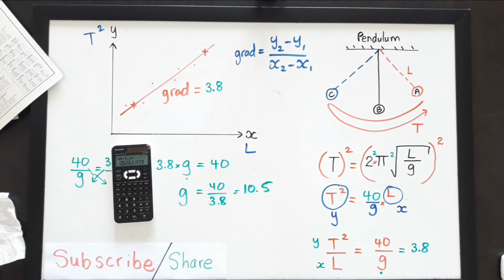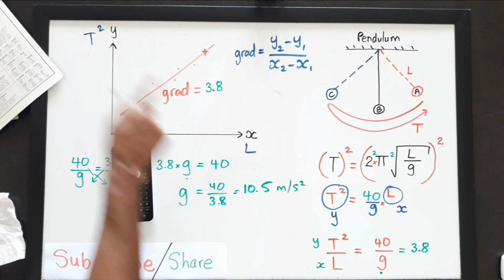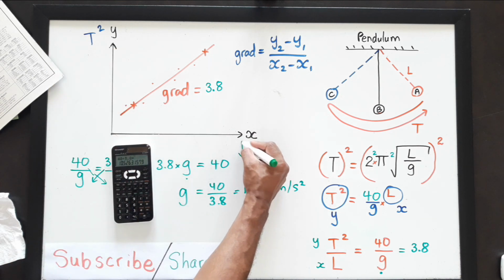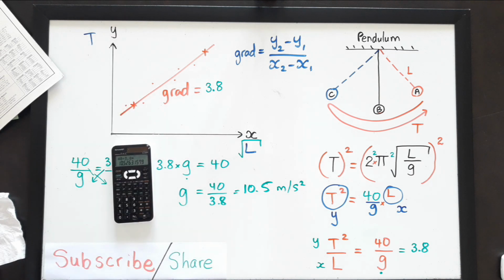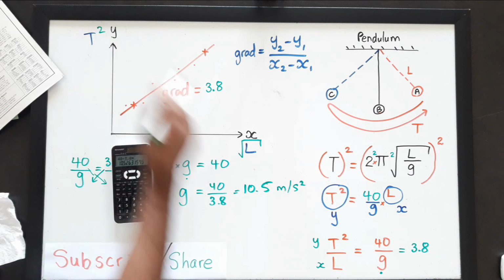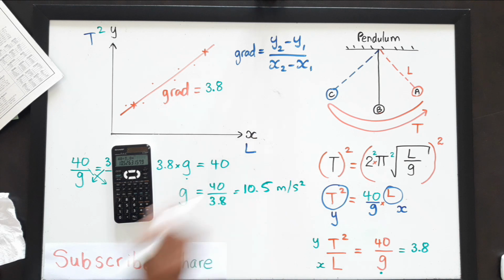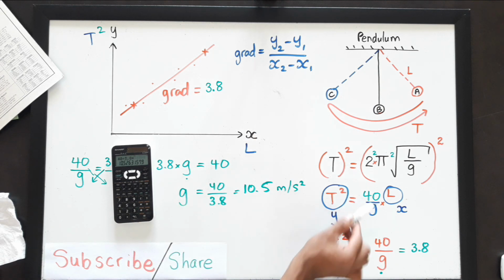That's different from the actual value, which is, well, it's pretty close. Keep in mind that when you do these experiments, you're going to make mistakes, and that's going to alter your final value. So I hope you understand the difference between the labeling of the axes. In the last example, it was the square root of L and T. This time it's T squared and regular L. And don't forget about this value here, how we got the 40.